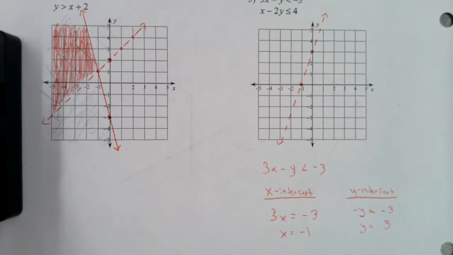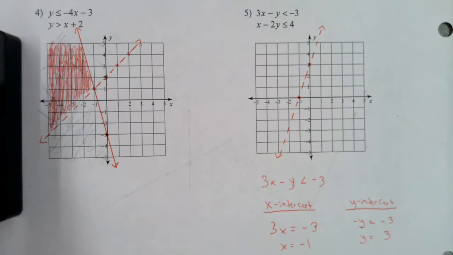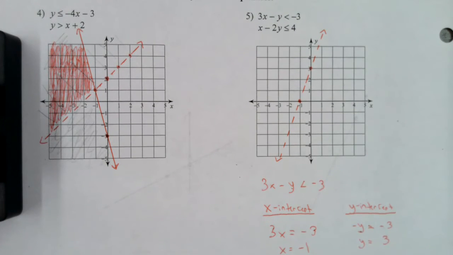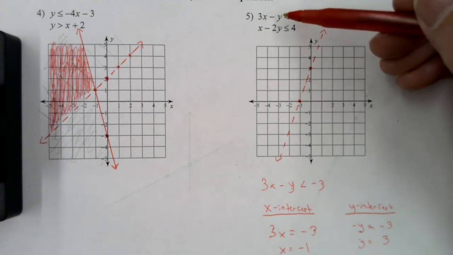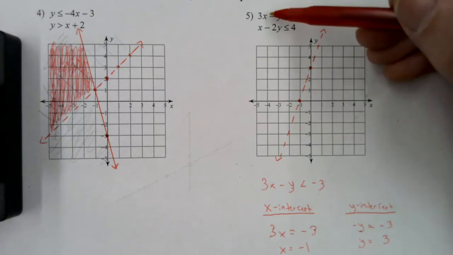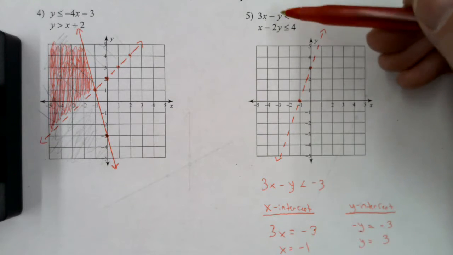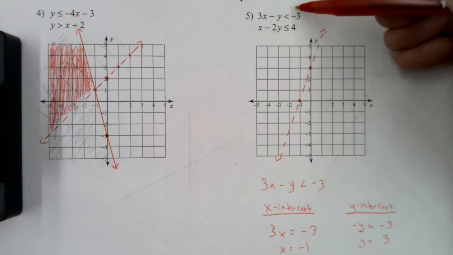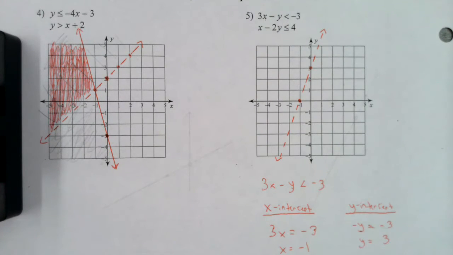Now, since it's not in slope-intercept form, we're going to use a test point. Let's test the point 0, 0. If you replace x with 0 and y with 0, you get 0 minus 0 is 0. Is 0 less than negative 3?